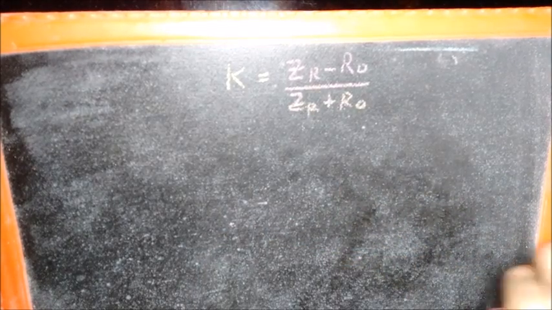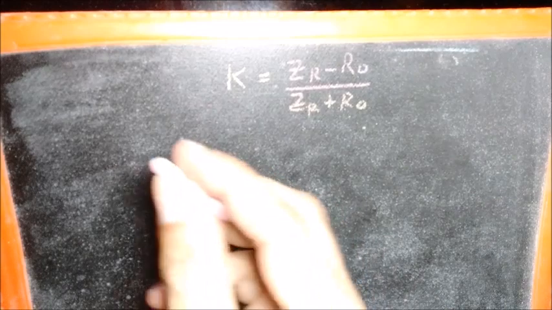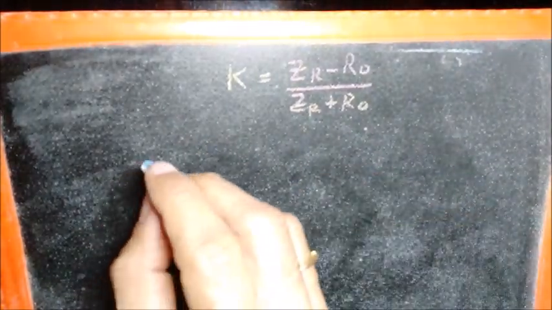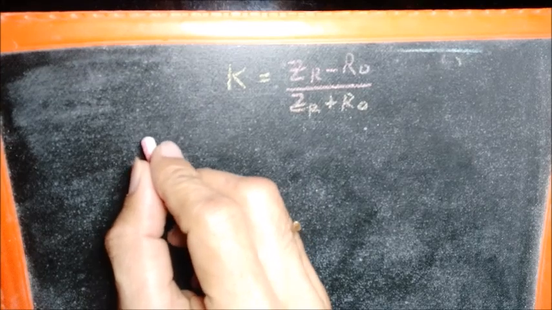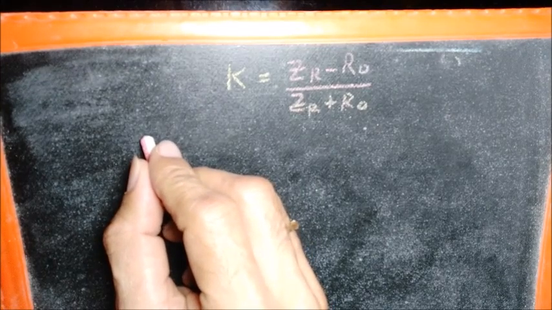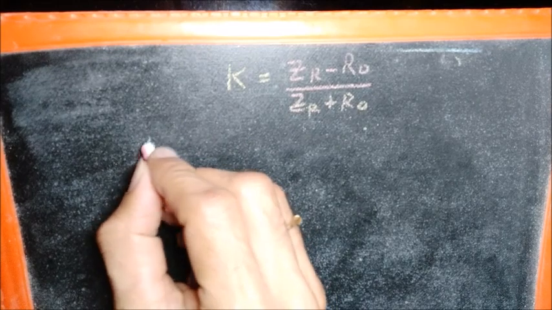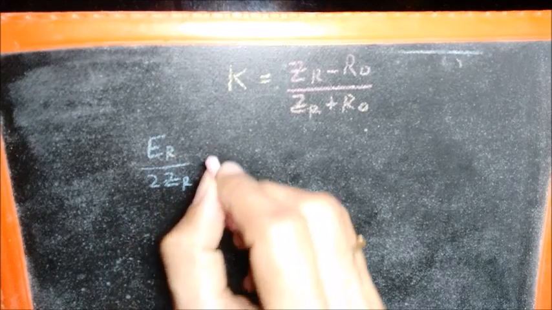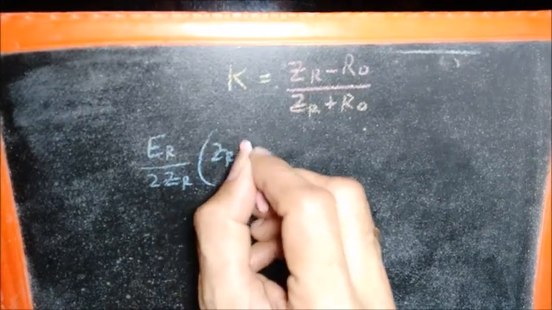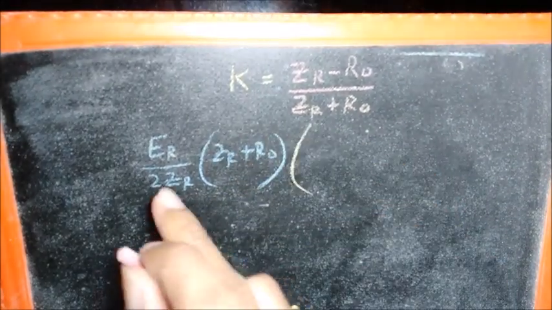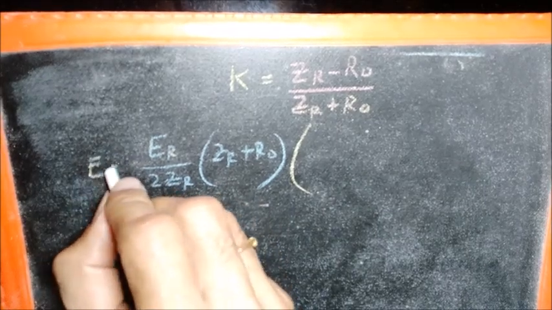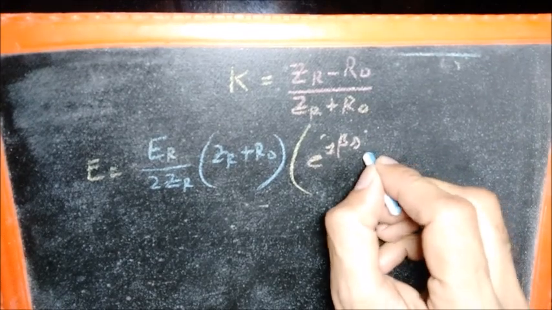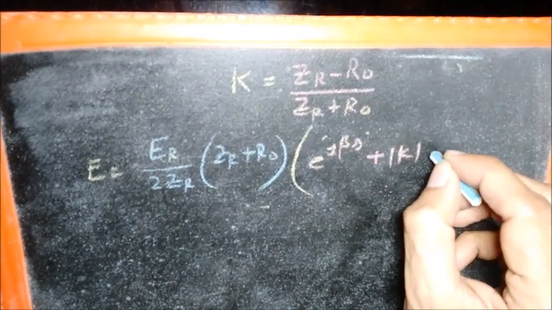Now, of course, the expression that we considered there when we plotted the amplitude of the voltage and the current waveform on the transmission line was exactly this. This was the expression for the voltage on the transmission line.